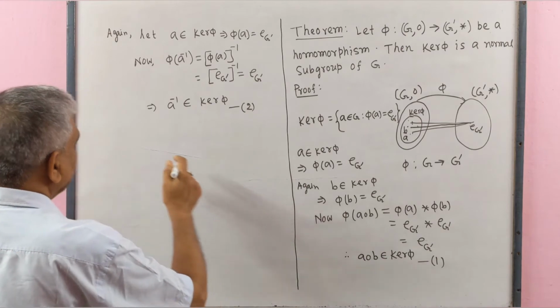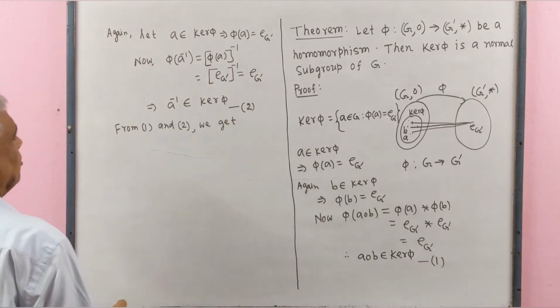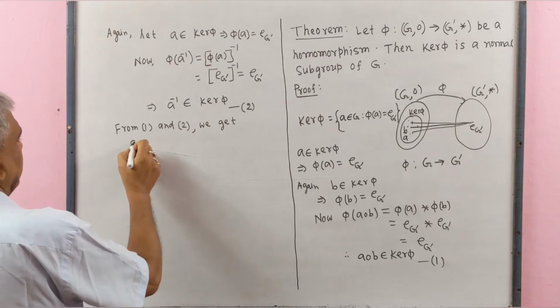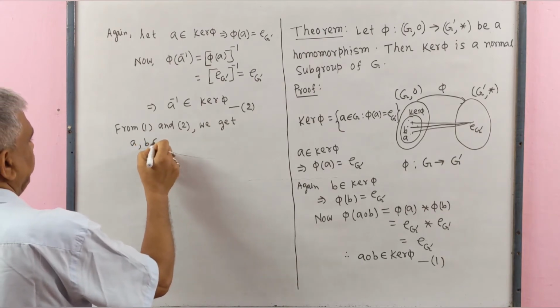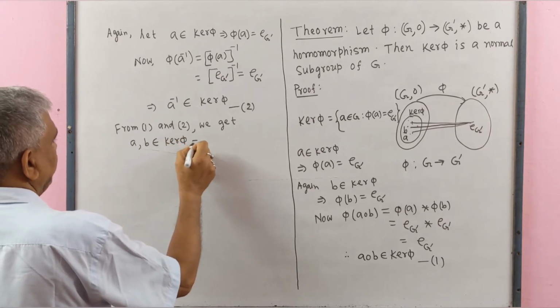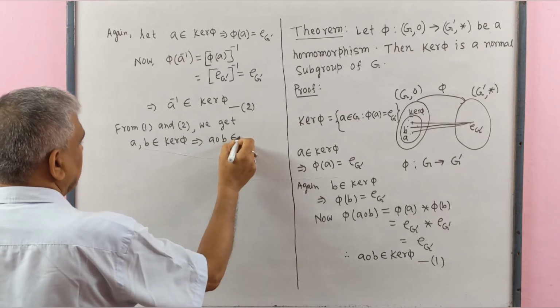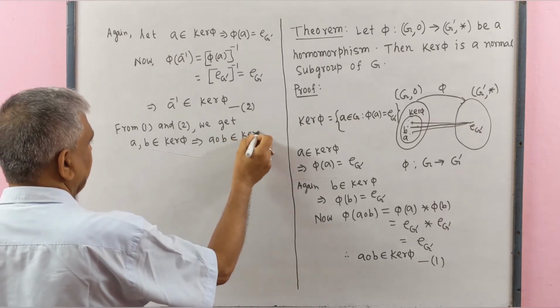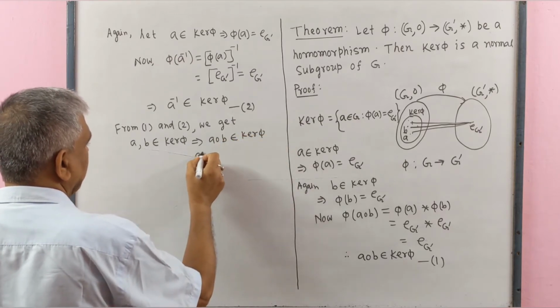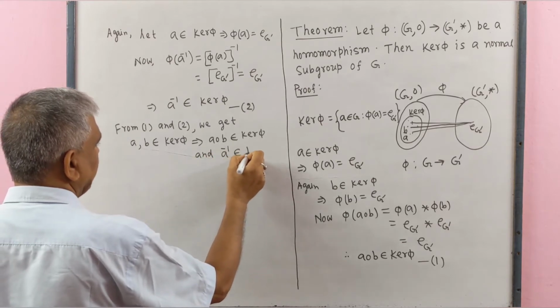From 1 and 2 we get: a, b belong to ker phi implies that a operation b belongs to ker phi and a inverse belongs to ker phi.